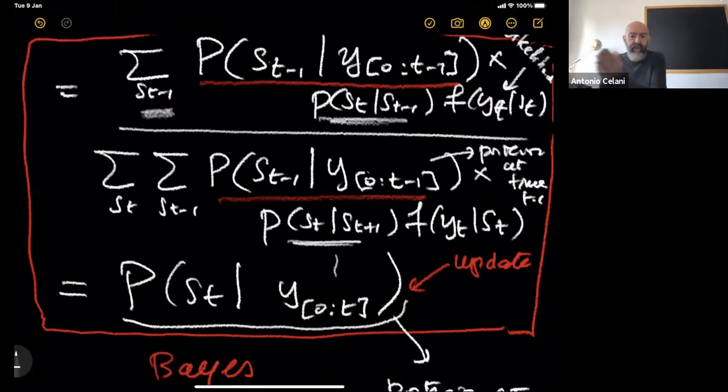Okay, so if you are sure that you were in state 2, and your model tells you now you jump to state 1, then now you're sure that you are in state 1. Okay, so this expresses the fact that there are two competing parts in the way that beliefs are updated.